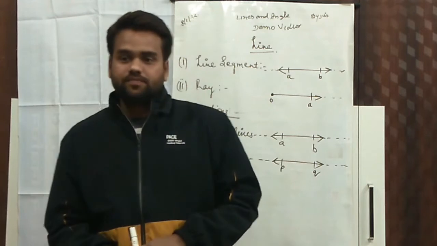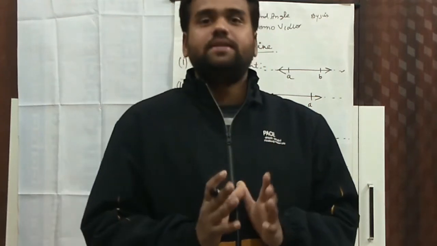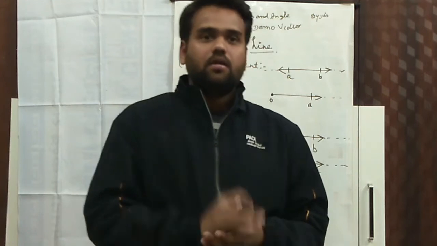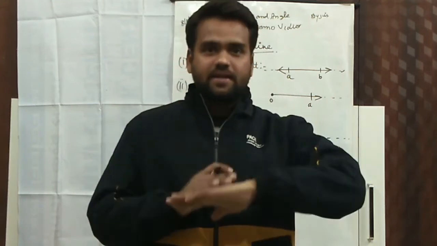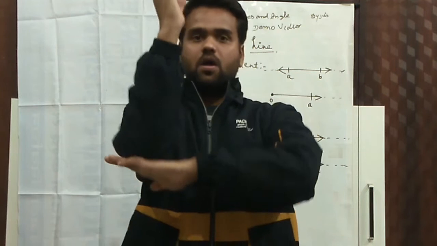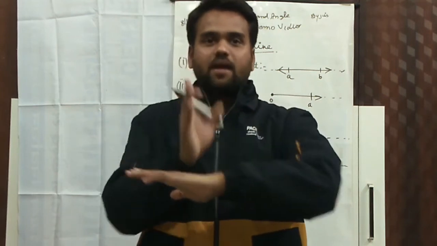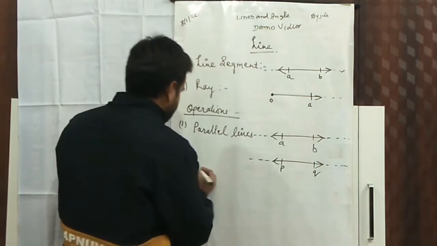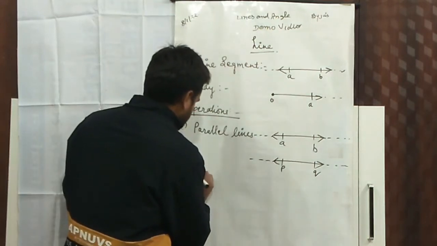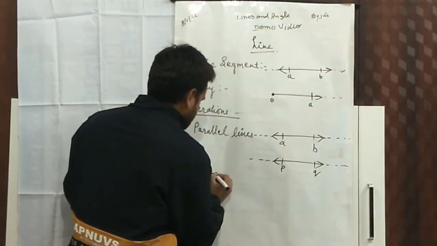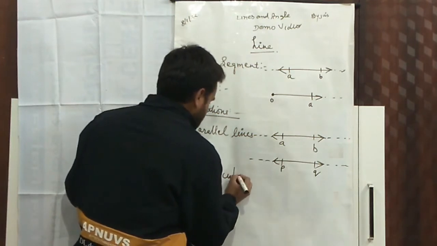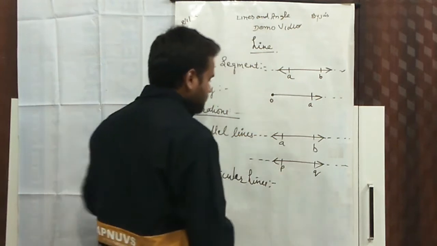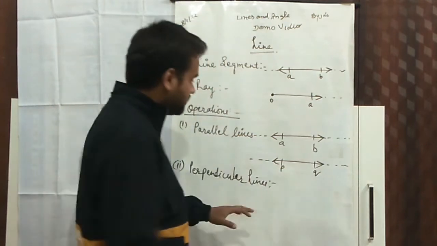Perpendicular lines. Two lines are said to be perpendicular when the first line intersects the other line forming an angle of 90 degrees. So here we go. Let's see how perpendicular lines can be drawn.